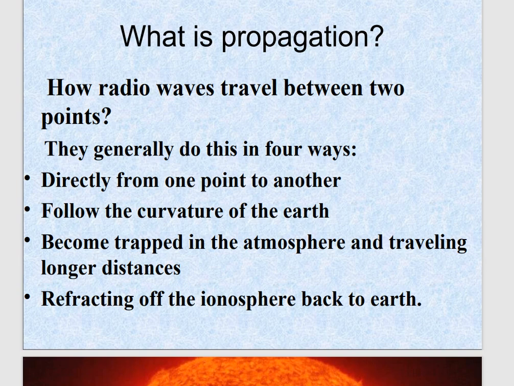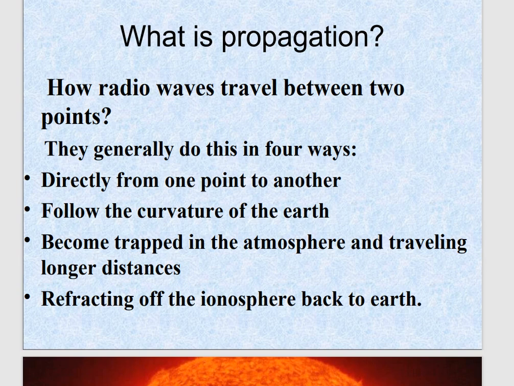There are very different methods by which the radio waves travel between two points. One is directly from one point to the other. Second is to follow the curvature of the earth, that is the round shape of the earth. The wave will follow this shape if the distance between the transmitter and receiver is greater.